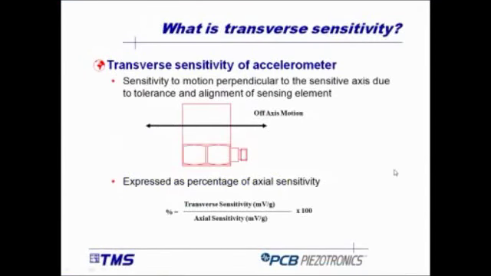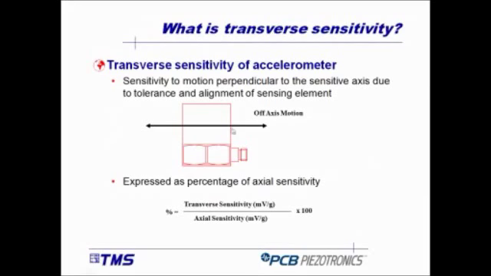And it goes to this concept of transverse sensitivity. When we design an accelerometer, we want it to measure motion in one direction only. But because of manufacturing limitations that every manufacturer has, all sensors are sensitive to motion in the off axis.